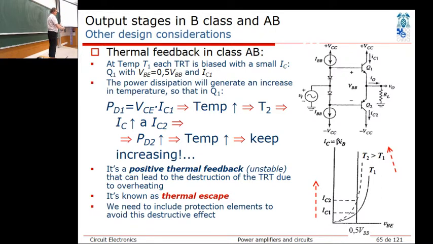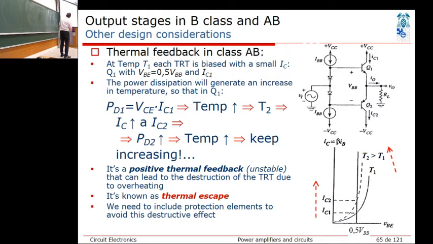So you blow the output stage, you most probably blow the power supply, and you blow the fuse on your circuit breaker. So a lot of bad things happen, and if you get into a bad thermal feedback case in class AB, then you can also start blowing fuses. Not only your own, but also the real fuses.